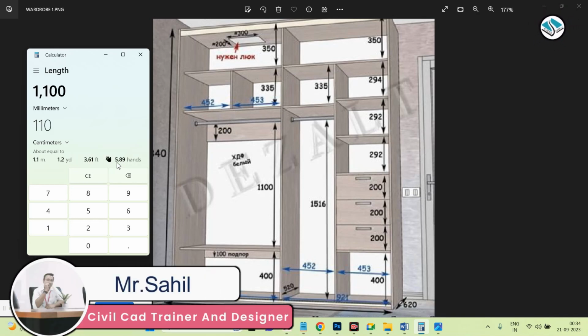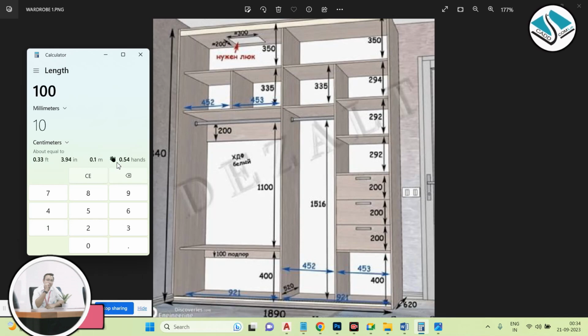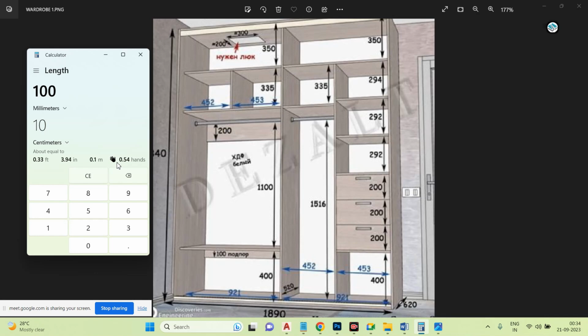And 100 mm is equal to 10 centimeter. And it's simple. 200 is equal to 20 centimeter.